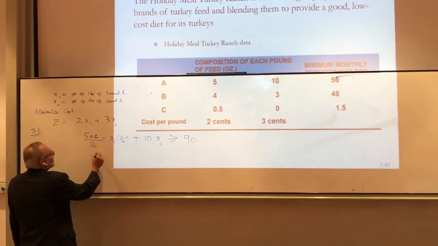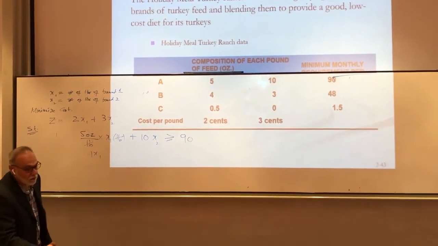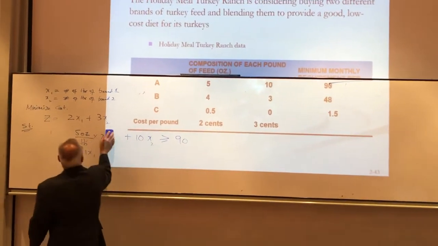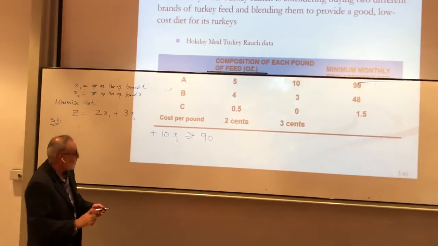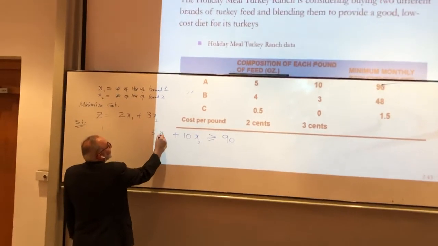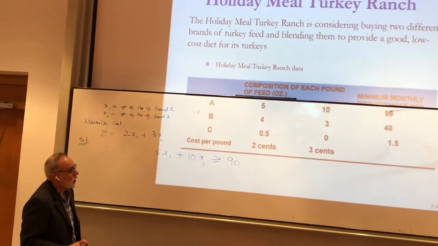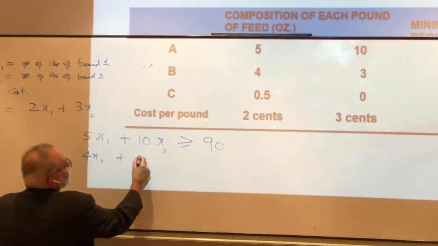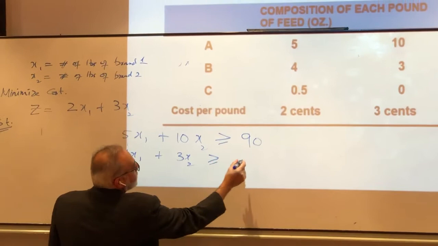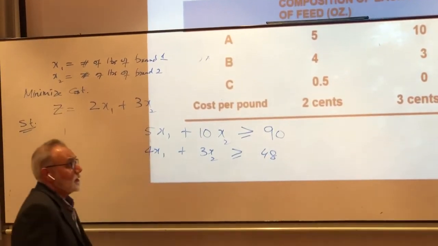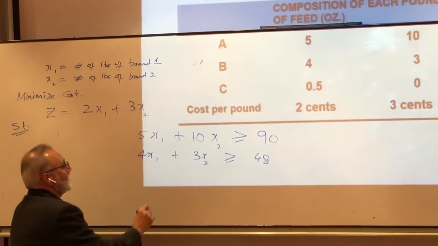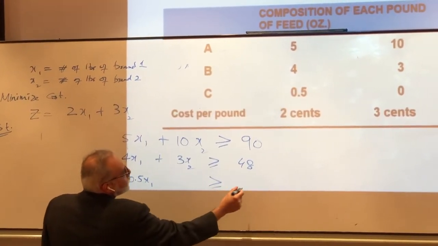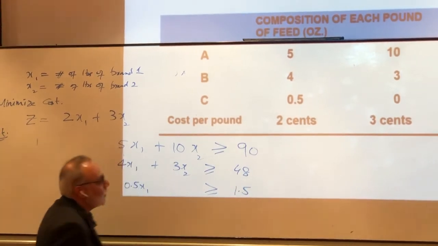The next constraint is 4x1. I should remove this ounces now. We can write it down. 5x1 plus 10x2 greater or equal to 90. Then we have 4x1 plus 3x2 greater or equal to 48. And the last constraint is 0.5x1 greater or equal to 1.5.